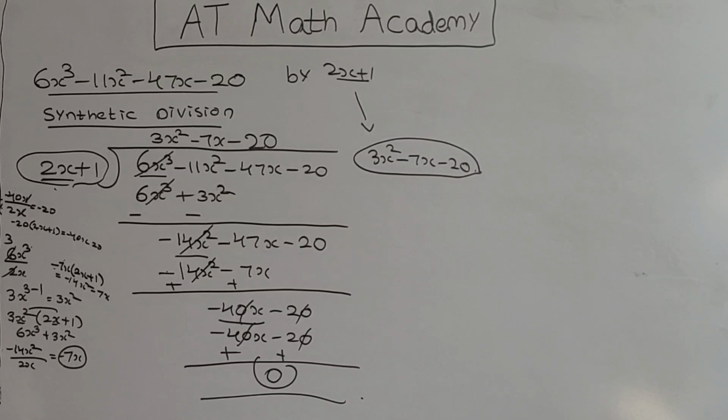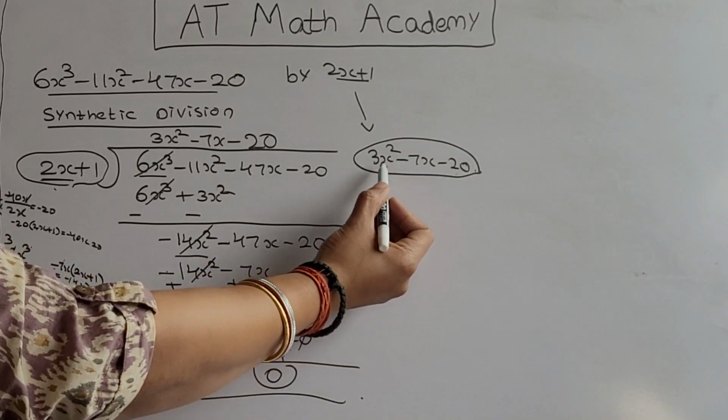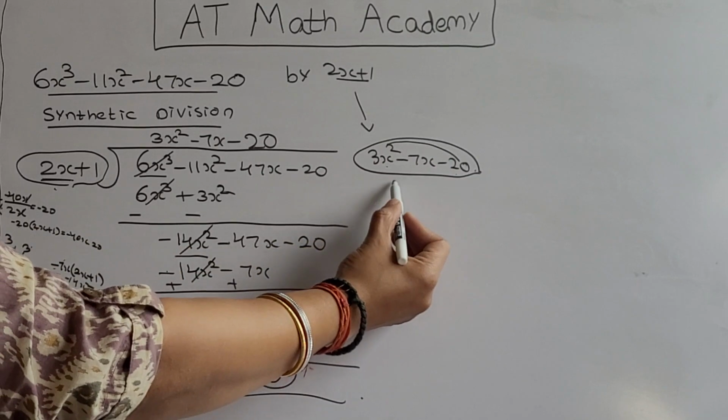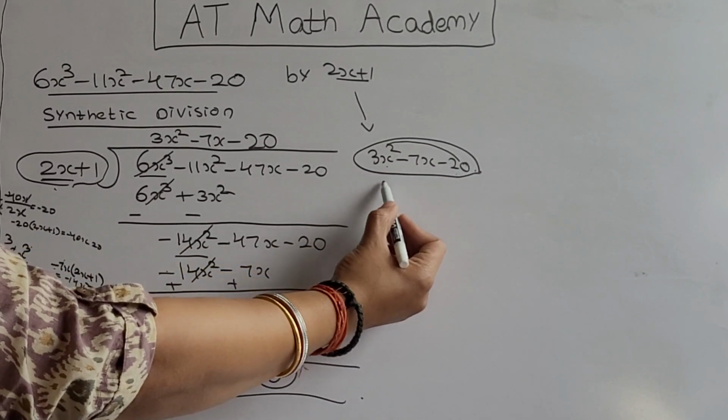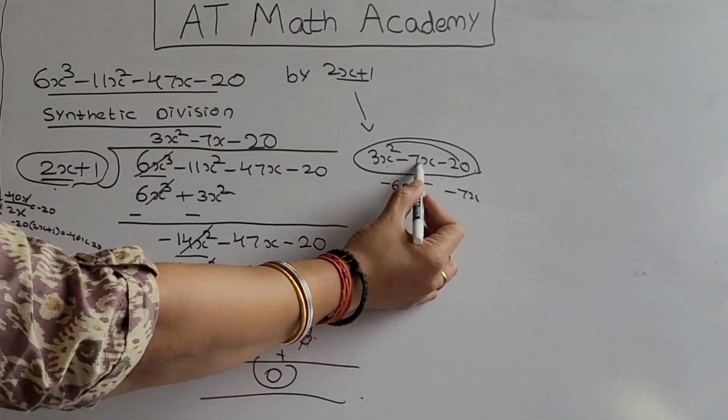And if you still want to continue, we can find the factors for this quadratic expression, 3x squared minus 7x minus 20. In order to do so, when you multiply the two terms 3x squared and 20, I'm getting 3x squared into minus 20 is minus 60x squared, and in the middle I need to get minus 7x.